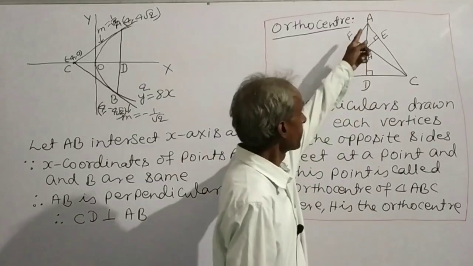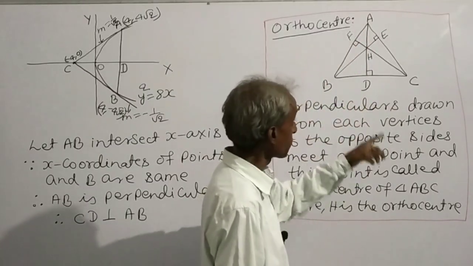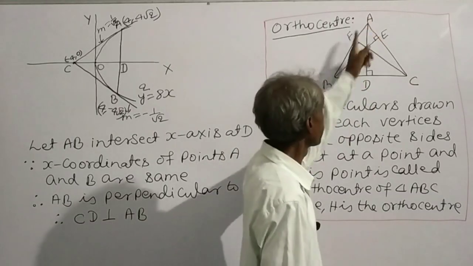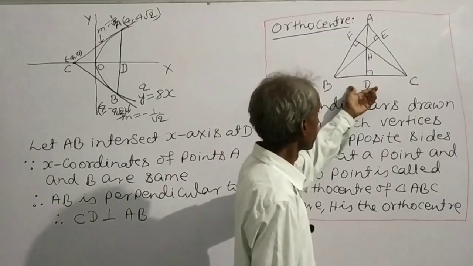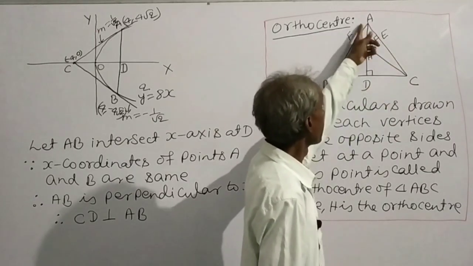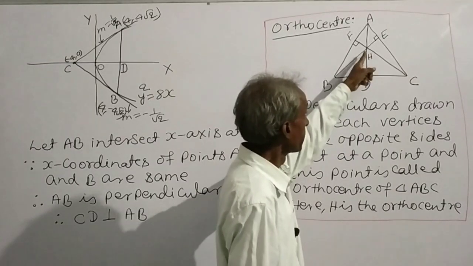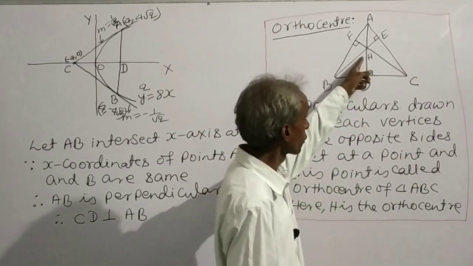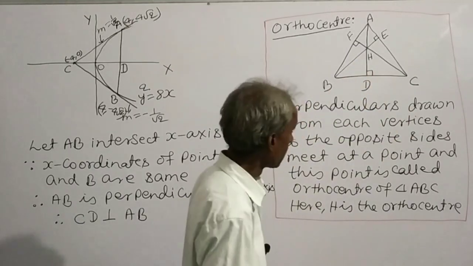In any triangle ABC, perpendiculars drawn from each vertex A, B, C to the opposite sides BC, CA, AB meet at a point. This point is called the orthocenter of triangle ABC.